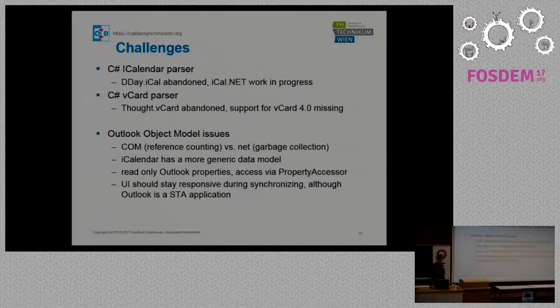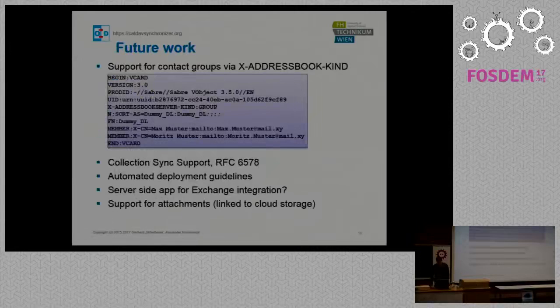The UI should stay responsive, of course, which is difficult because Outlook by design is an STA application, and some stuff needs to be done in the main thread, otherwise you risk data loss in the internal MAPI object model.